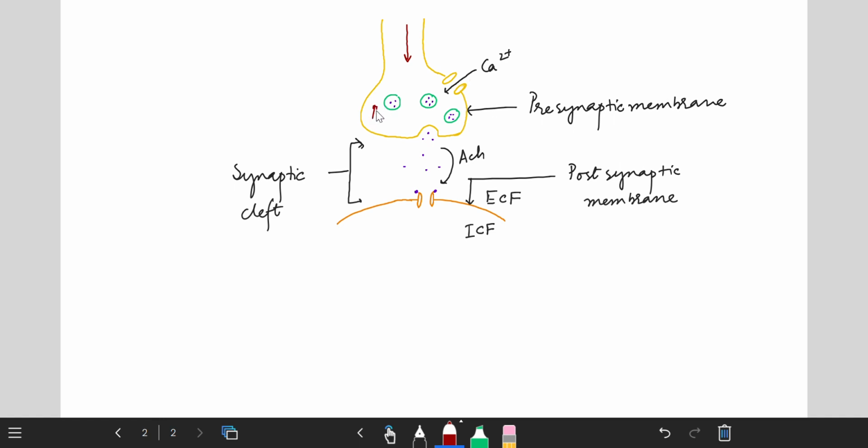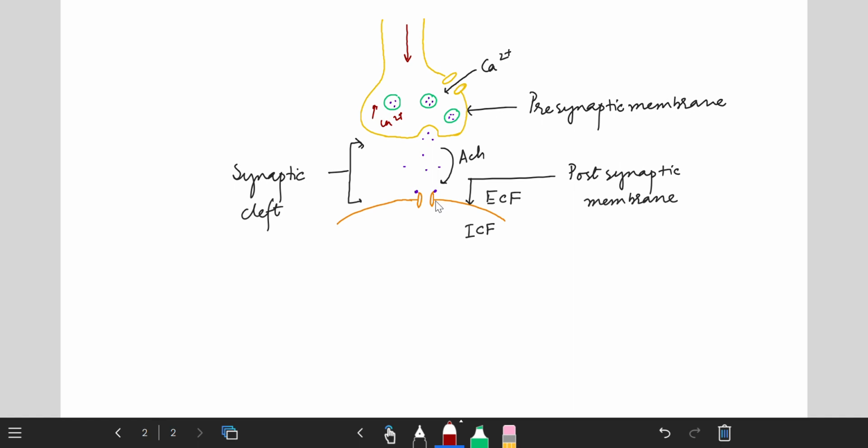When there is an increase in the concentration of calcium ions, the contents of the vesicle come out. It means acetylcholine is released. After release of acetylcholine, it binds to the postsynaptic membrane receptor.